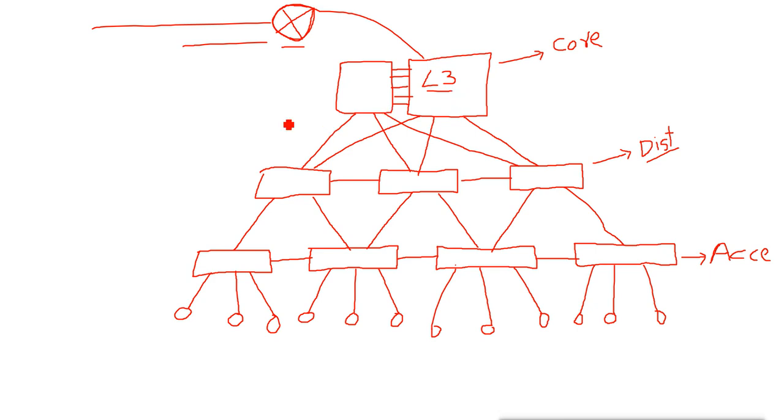Now in this kind of design, what we have here is redundant links. When we have a redundant link, there is a possibility of having a broadcast storm or switching loop. Now how does it happen? I will explain it in a small network of two switches.